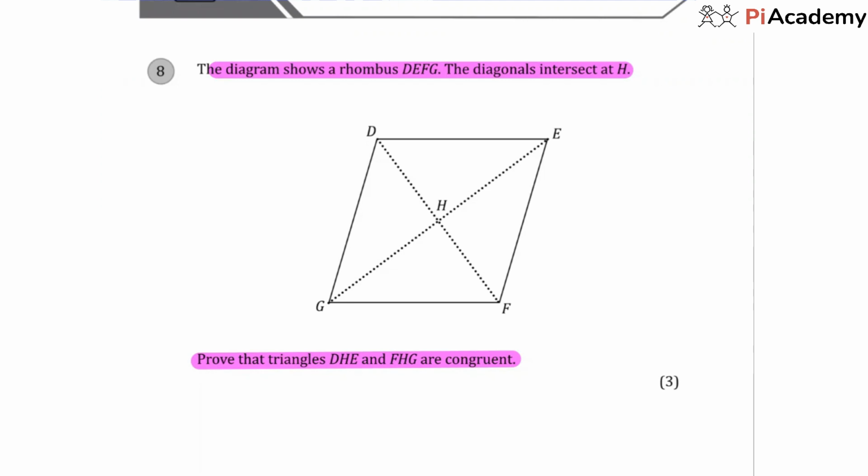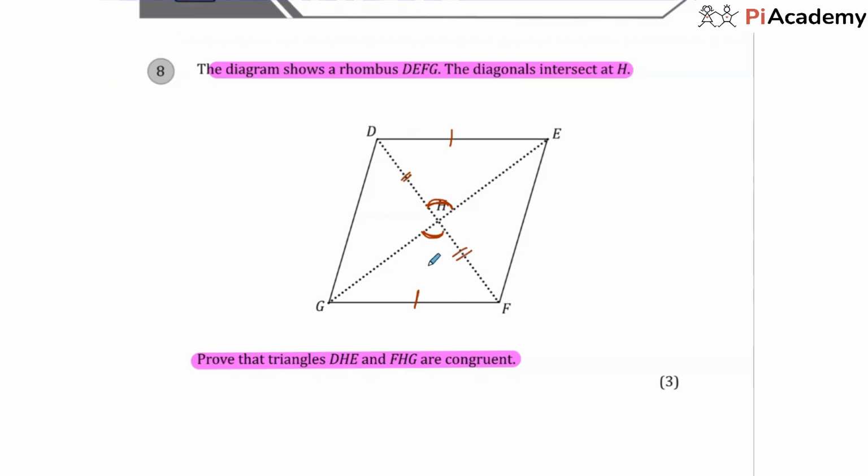Rahul, can you explain to us? Okay. So as you know, angle DHE equals angle GHF. They're vertically opposite. You can tell that these two sides are equal, and DH and HF are also equal.